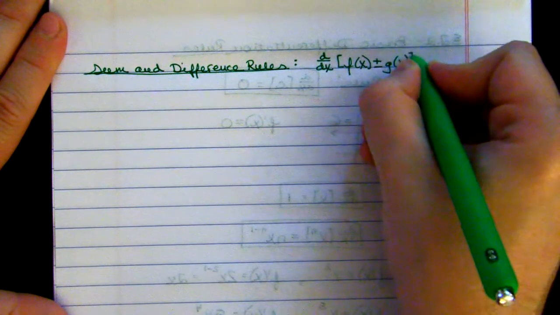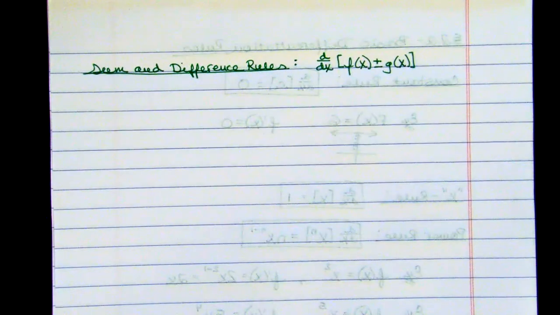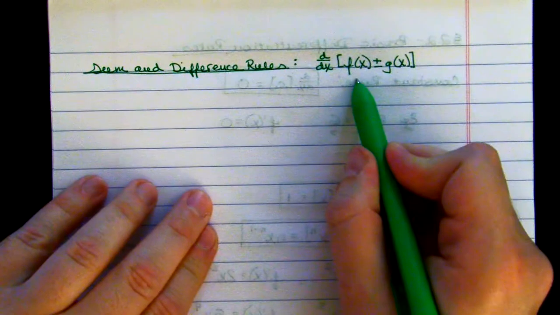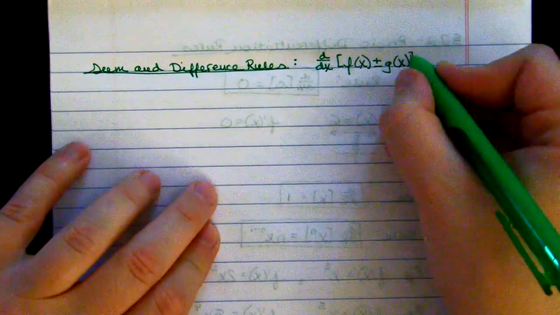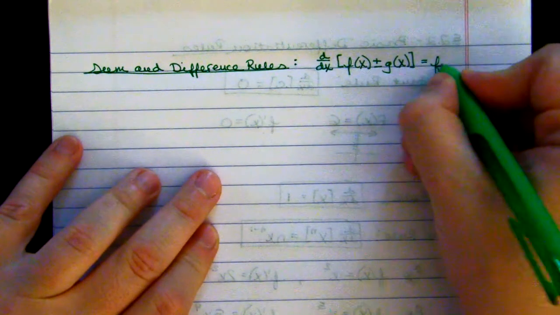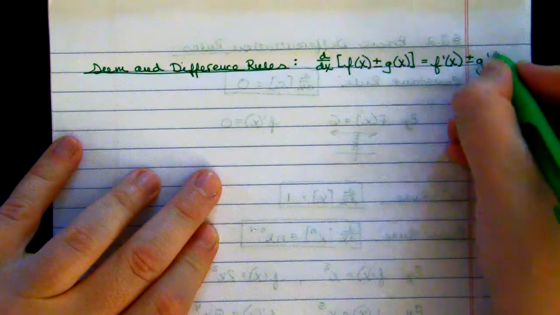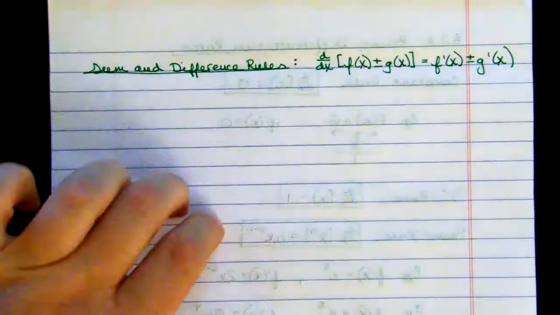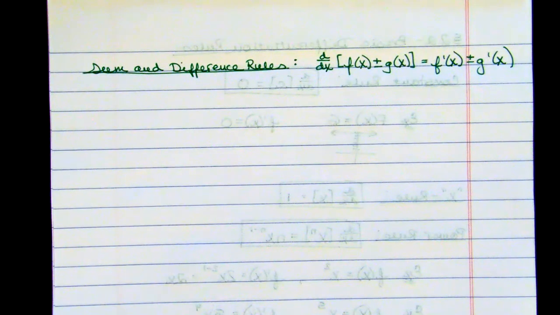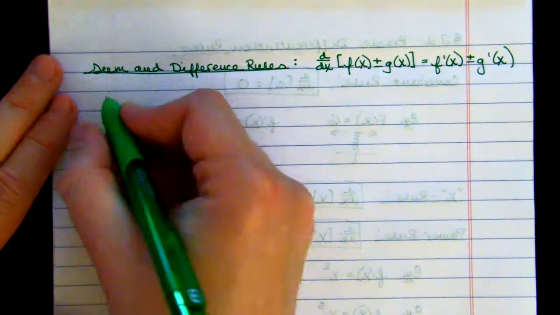If I want to do the derivative of a sum or a difference, all I have to do is the derivative of the first part plus or minus the derivative of the second part. It's kind of like we can distribute the derivative in this case. In general, no, we can't do that. But I'm going to get that. F prime of x plus or minus g prime of x.